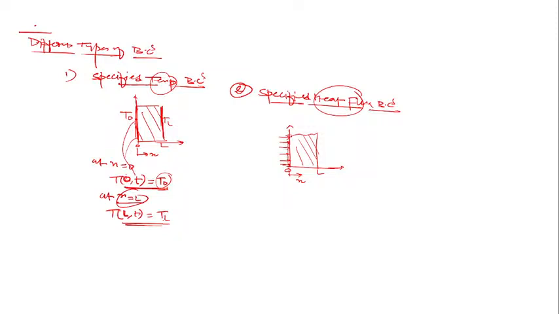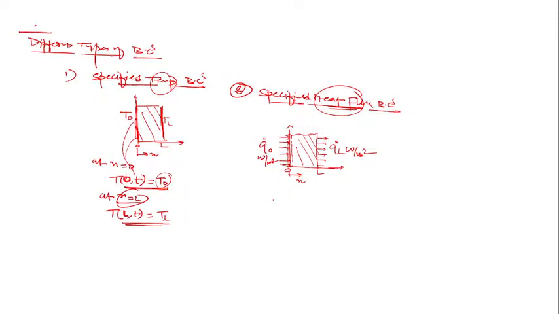At the left surface, if I'm going to make a balance, let's say this is Q0 here, and here QL. It's a flux, watt per meter square. So heat flux is specified at the left and right faces.